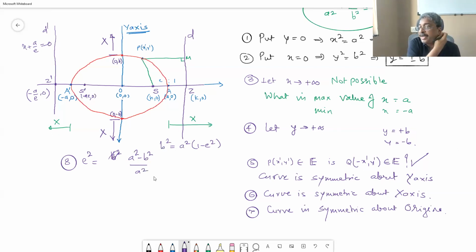It has to be positive and less than 1. These things are required to be remembered, because while problem solving you will require this. Either b square is equal to a square into (1 minus e square), you have to remember, or e square is equal to this. This is how you will find out the eccentricity of the ellipse.